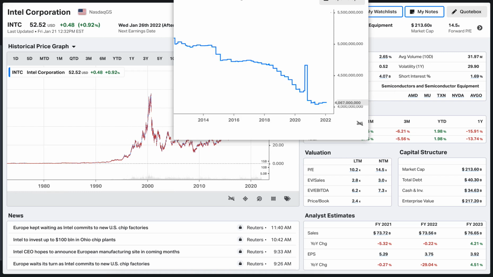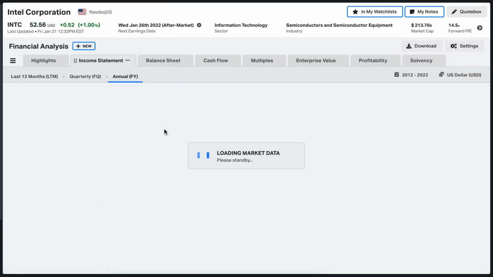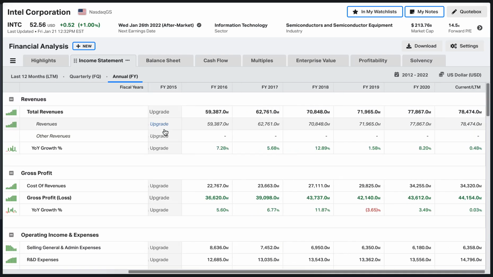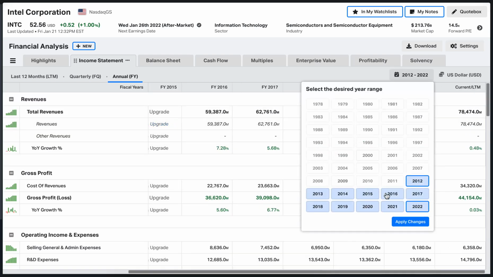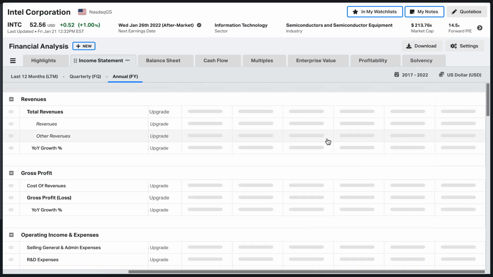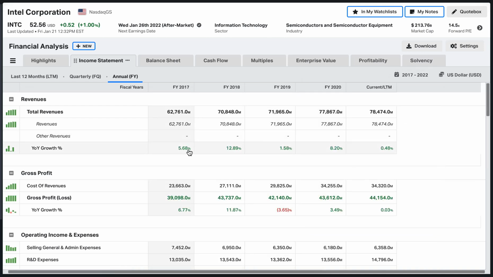Now let's take a look at the income statement, and that will help us understand a little bit more about the growth of the company. So let me actually take it to 2017. I think it's more than enough. So you will see here that the year-over-year growth in revenue is stalling a little bit. It's almost the same. It's almost 0.